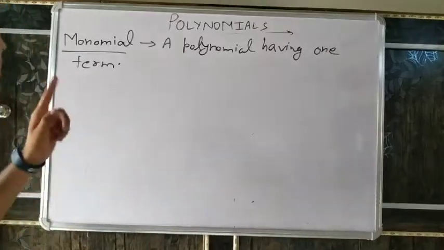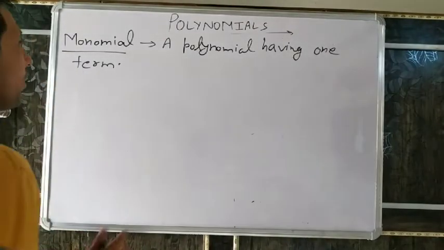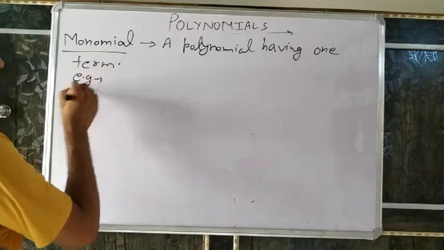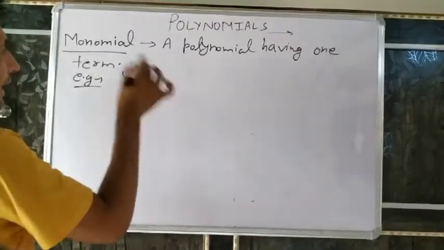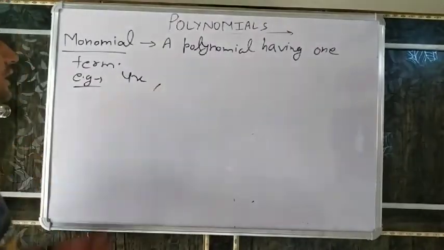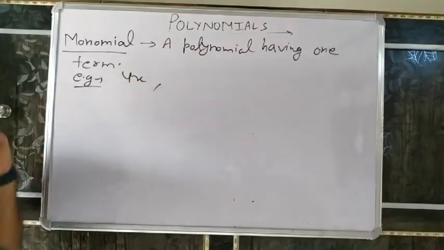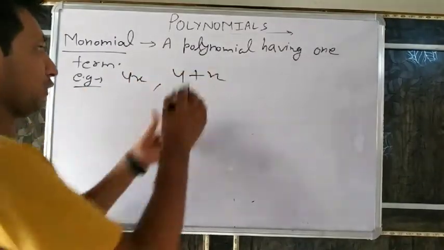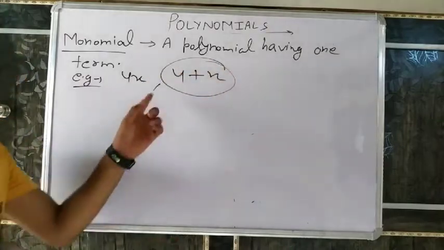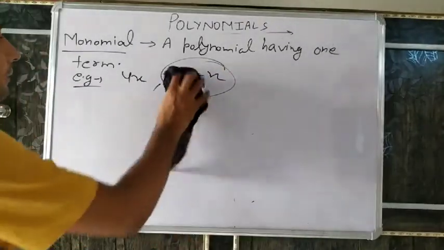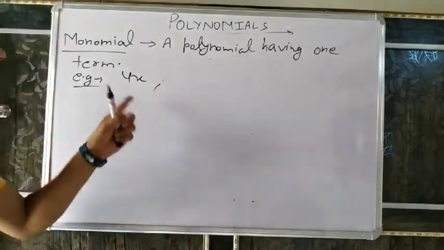If any polynomial has only one term, we call it a monomial. Example, you can write only one term, 4x. Yes, you will say, sir, it is 4 and x. They are in multiplication. You cannot write it like 4 plus x. 4 plus x has two terms and becomes a binomial. So 4x is a monomial.